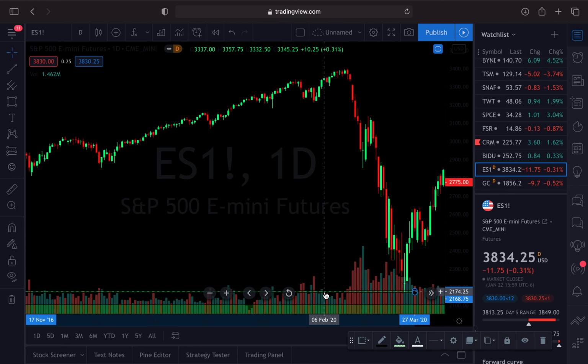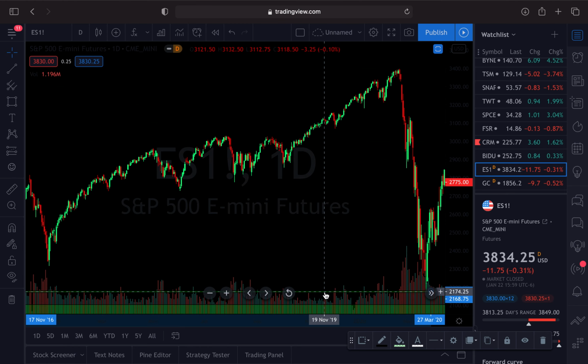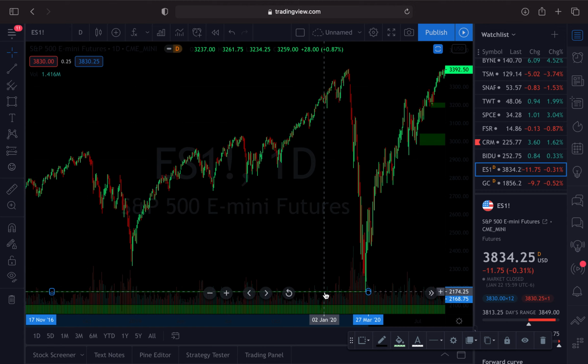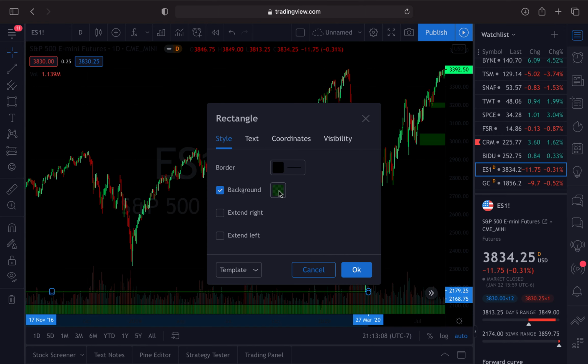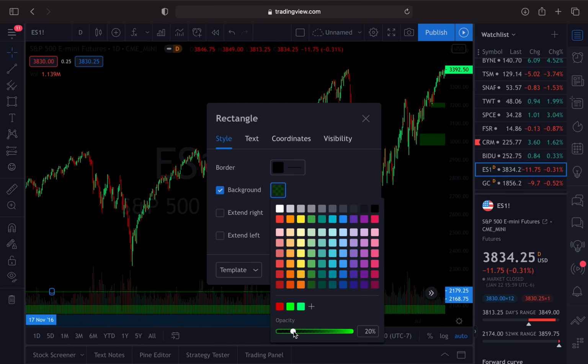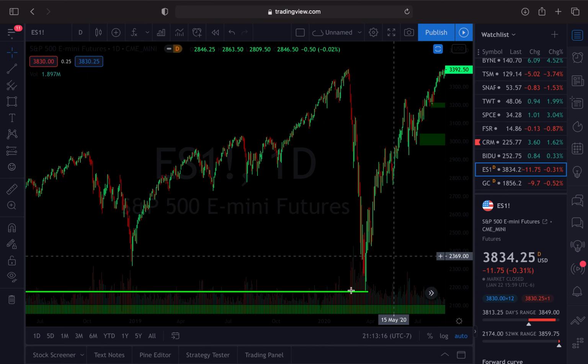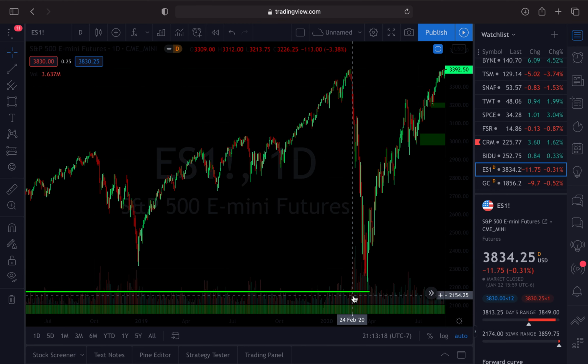Let me know if my screen gets foggy while I'm scrolling out. Let me zoom out a ton. In fact, let me turn the opacity of this box all the way up so you guys can see it clearly. There we go. Okay, that's the zone right there. Let's zoom out.